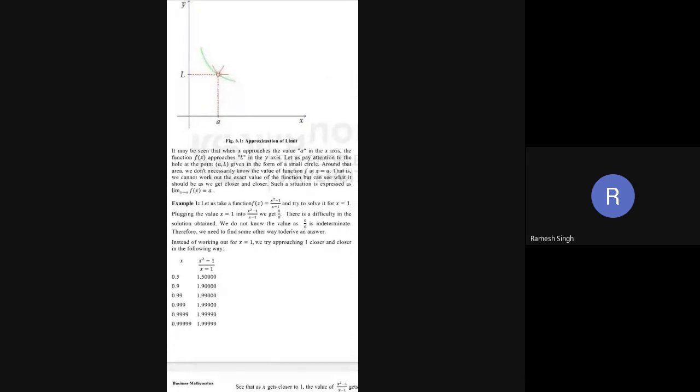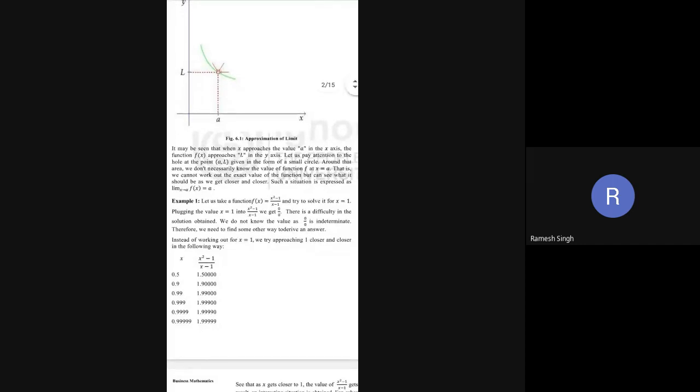Suppose f of x is equal to x square minus 1 by x minus 1. If we put the value x equals 1, we will get 0 by 0. If we directly put 1 in place of x, it becomes 0 by 0, so there is a difficulty in obtaining a solution.